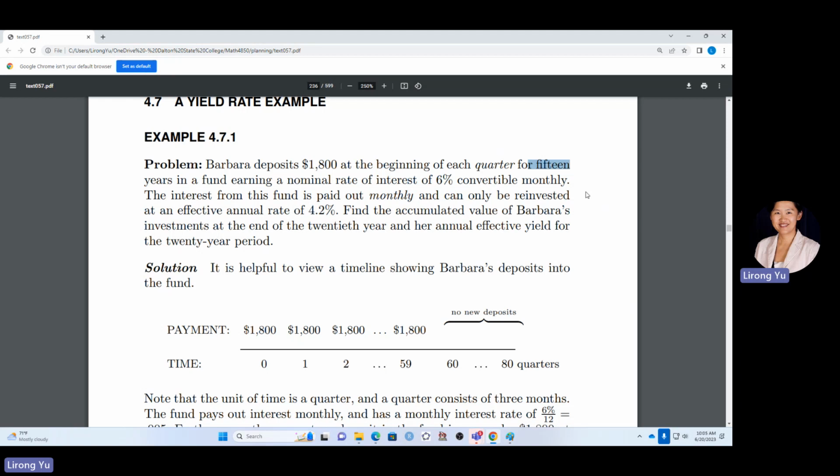So we still have a cash flow of interest, the same money sitting in the account for 5 more years. By the end of 20 years, we want to know the future value of that. And we also want to find the new effective yield for this period.